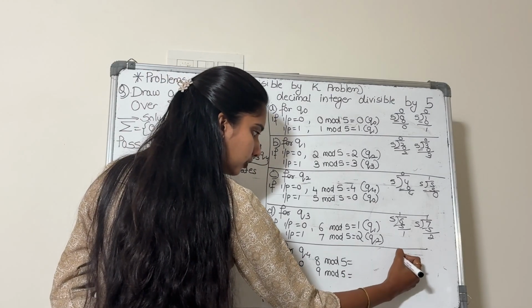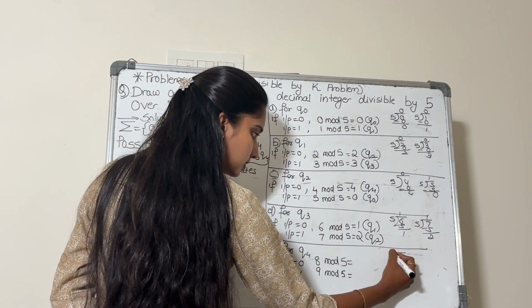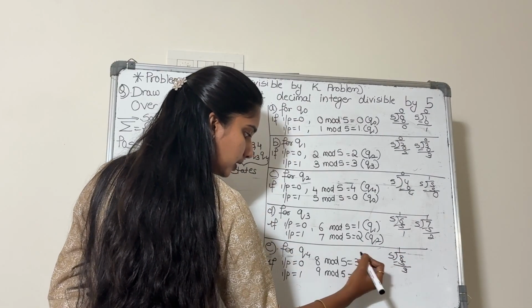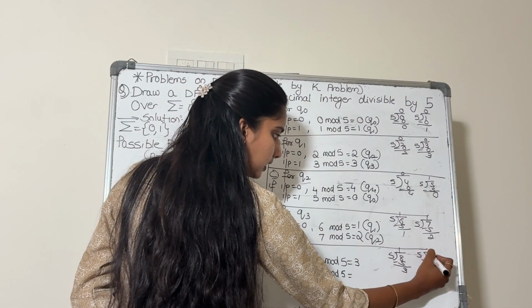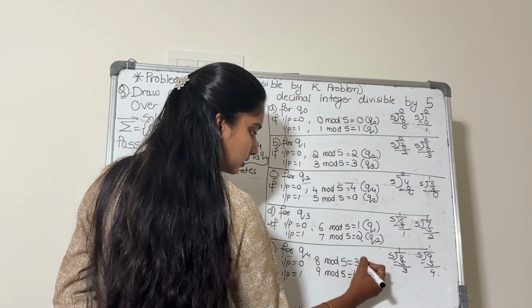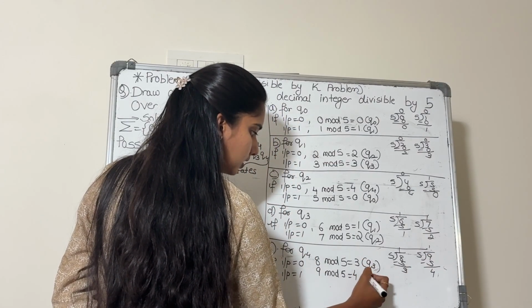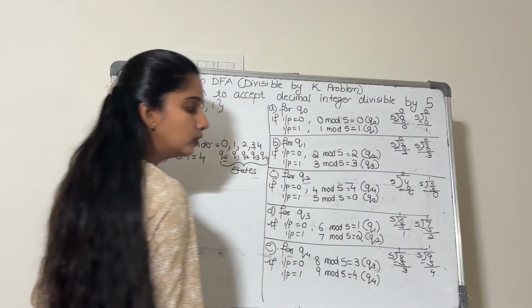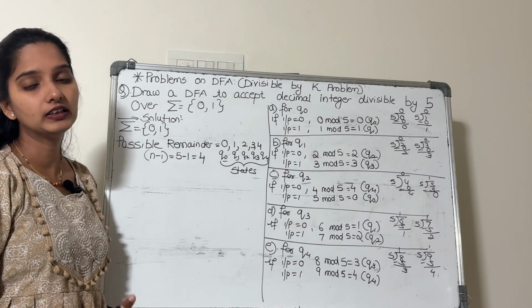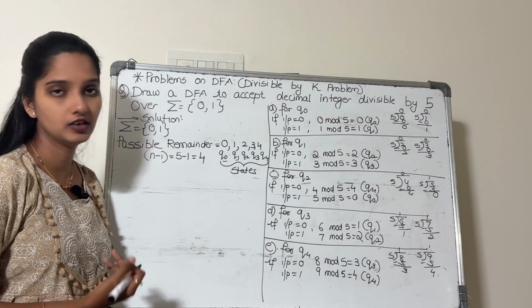Similarly what we can do is divide: 5 ones are 5, so the remainder is 3. Similarly for 9, 5 ones are 5, remainder is 4. So my state is Q3 and here my state is Q4. This is how we need to find the transitions. I hope this is clear to you all.